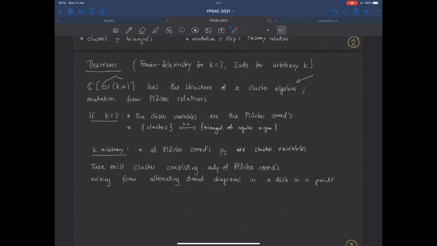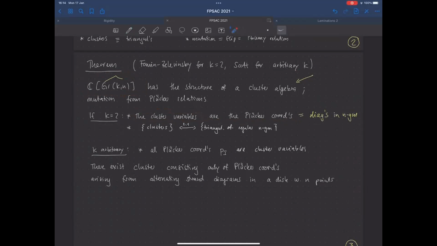So this is not a straightforward definition, and in general it is not so easy to find that you have a cluster algebra structure. But in case k equals 2, this is just the example of what we had. So the cluster variables that you pick are simply the Plücker coordinates, which correspond to the diagonals in a regular n-gon or a convex n-gon.